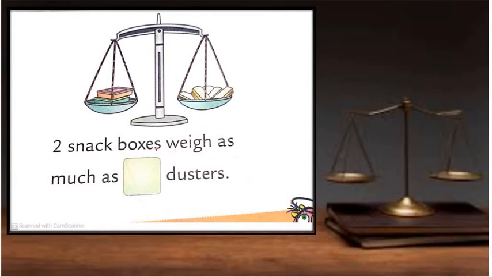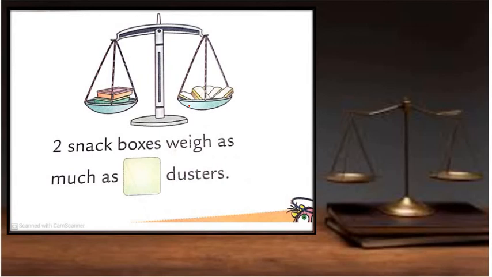Two snack boxes weigh as much as dash dusters. If you can see, on this side of a weighing scale there are 2 snack boxes or lunch boxes. We have to compare it with the dusters.